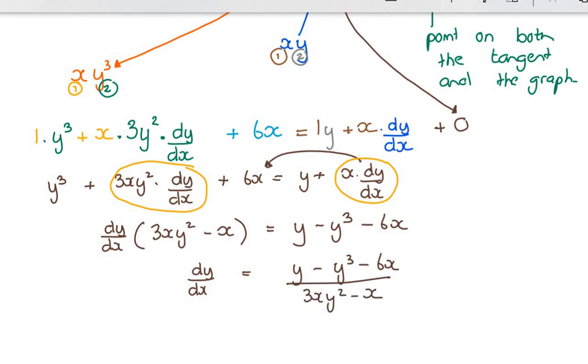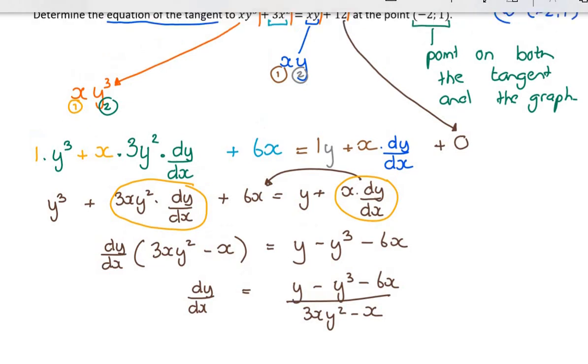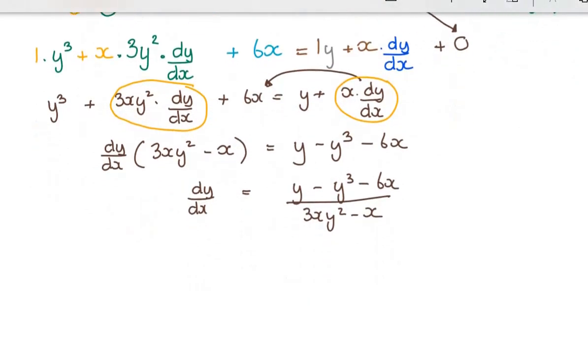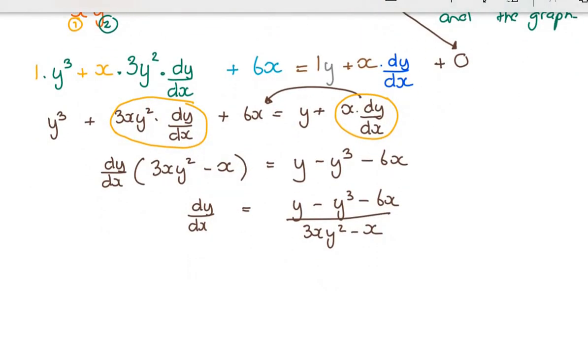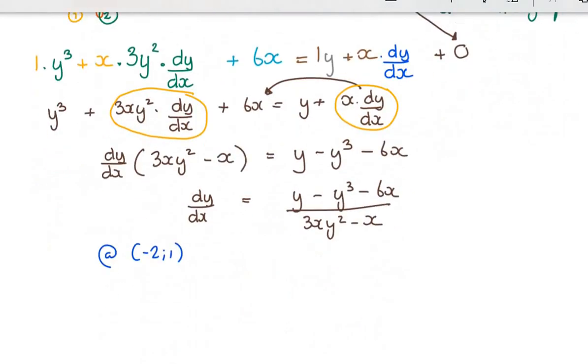Now that wasn't the full question, that was part of the question. The question says, can you find the equation of the tangent at (-2, 1)? So now I know the gradient at (-2, 1), because I can use this formula. I think it was (-2, 1), yes it was.